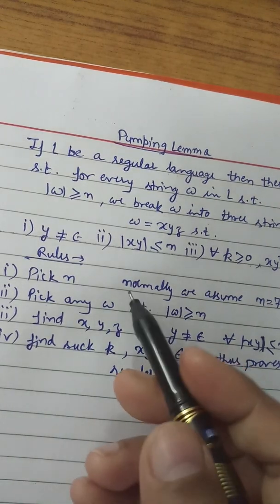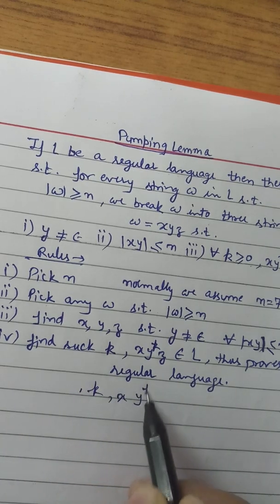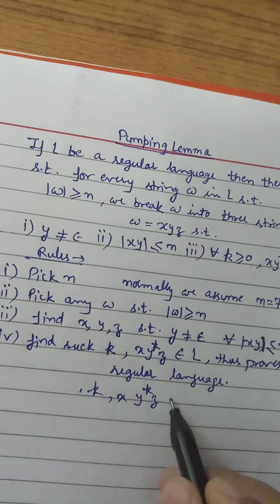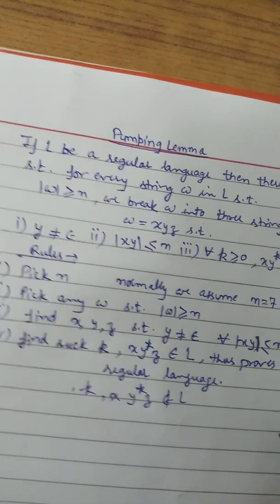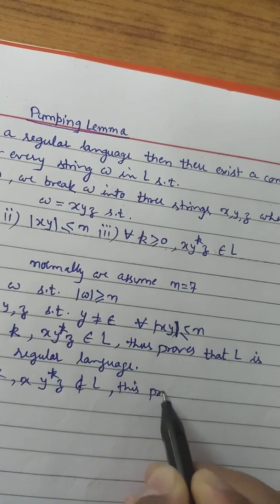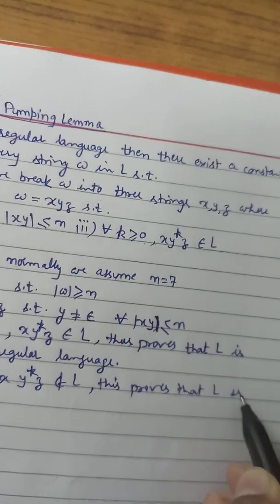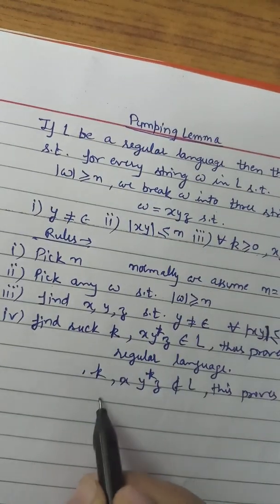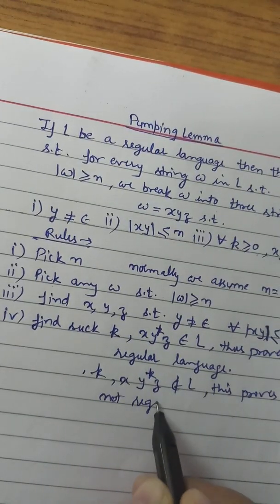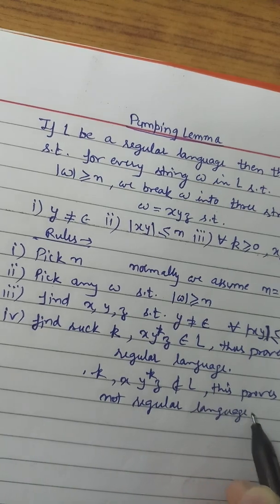Or we can say we find such k where x y to the power k z does not belong to L, then this proves that L is not a regular language.